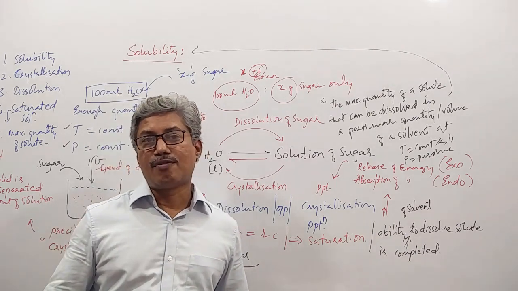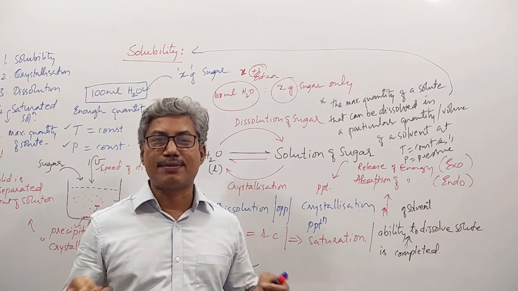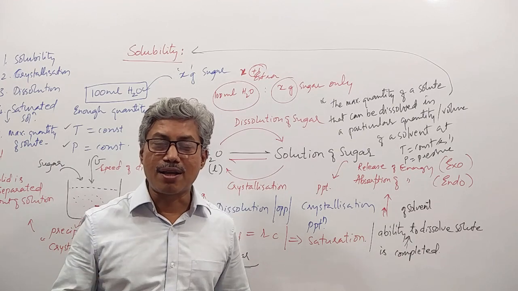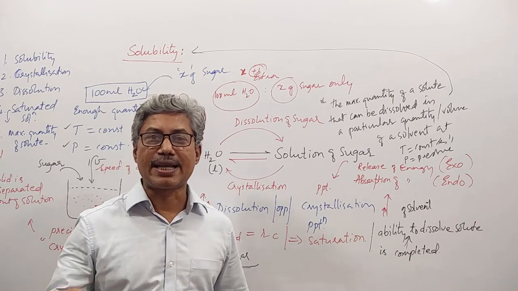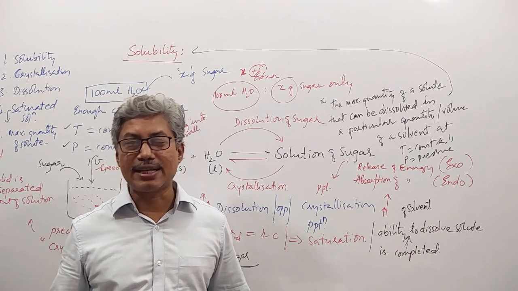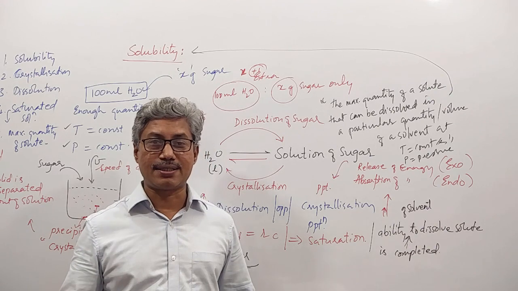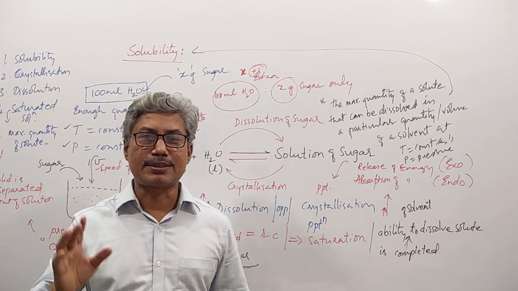Therefore, water is called universal solvent not because every solid dissolves in it, but because water can dissolve the maximum number of solutes. Whether it is ionic or non-ionic, water can dissolve a maximum quantity of solute. Because of this nature, water is regarded as universal solvent.